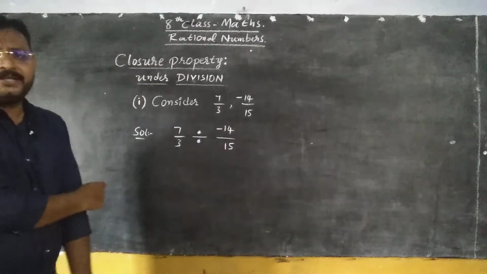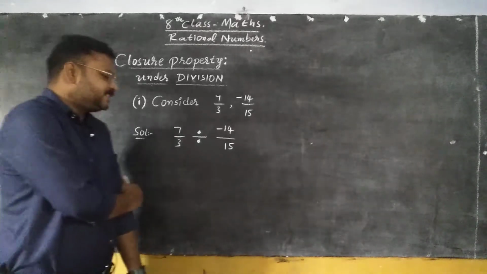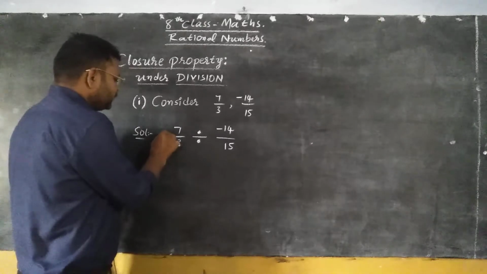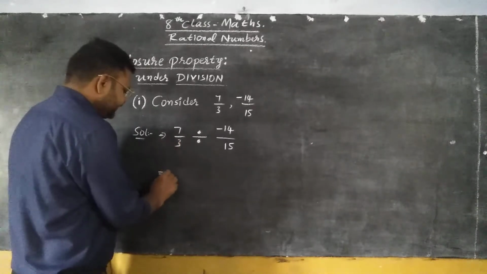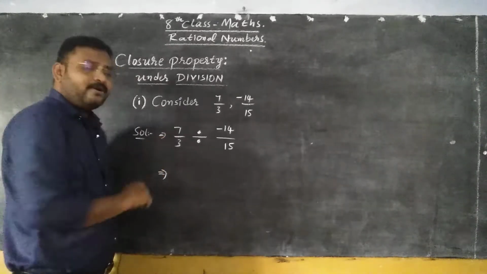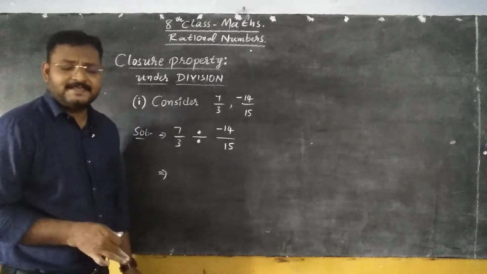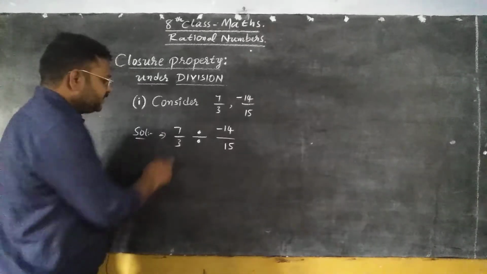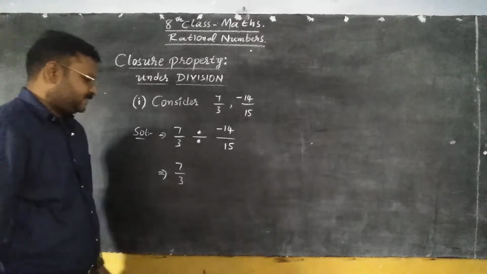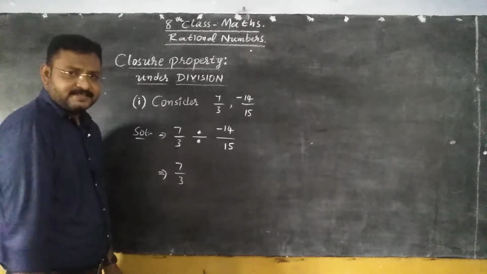Listen children, everyone, how we do the process. It is very easy. The first fraction you always write as it is, there is no change. 7 by 3 as it is.